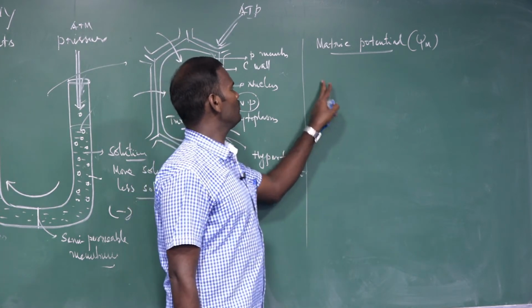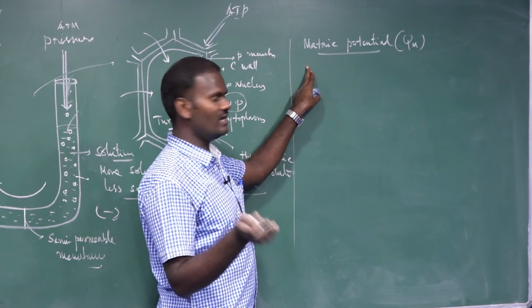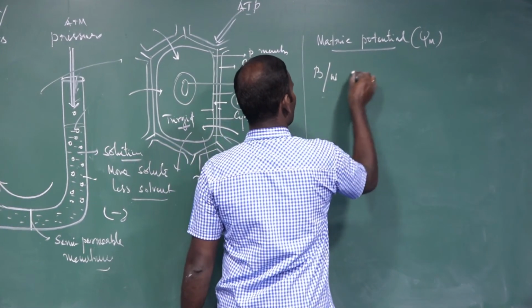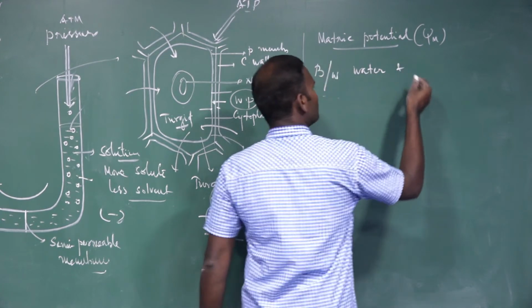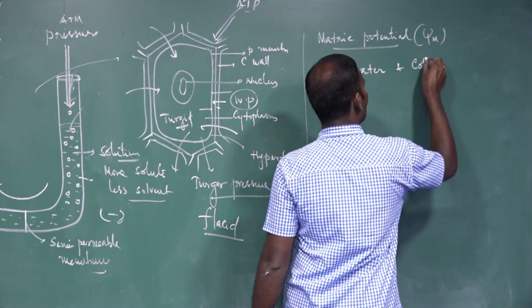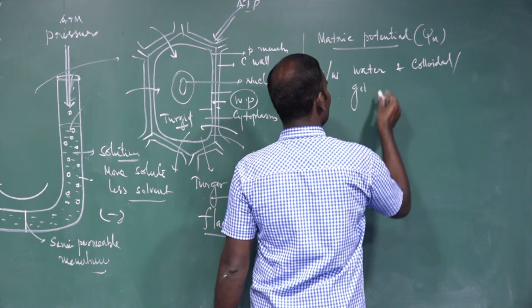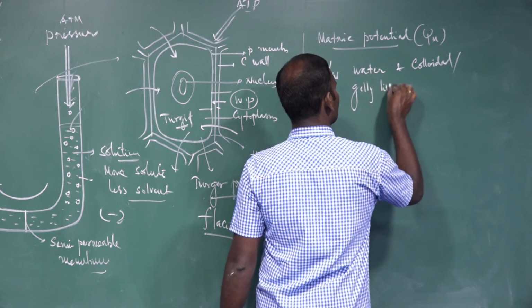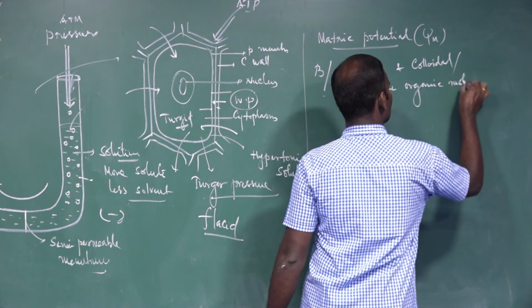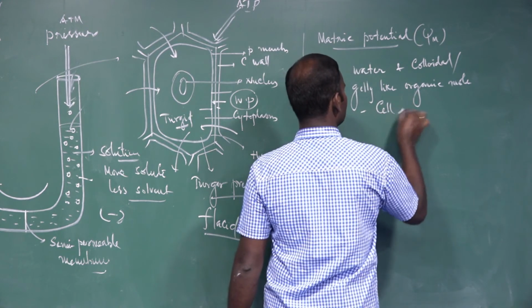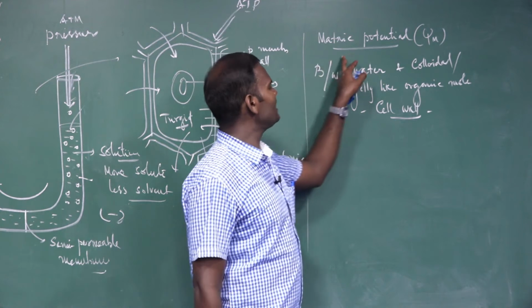Then what is called matric potential? It is nothing but the attraction between water molecules and hydrated or colloidal or jelly-like organic molecules present in the cell wall. Are you clear? What is called matric potential?